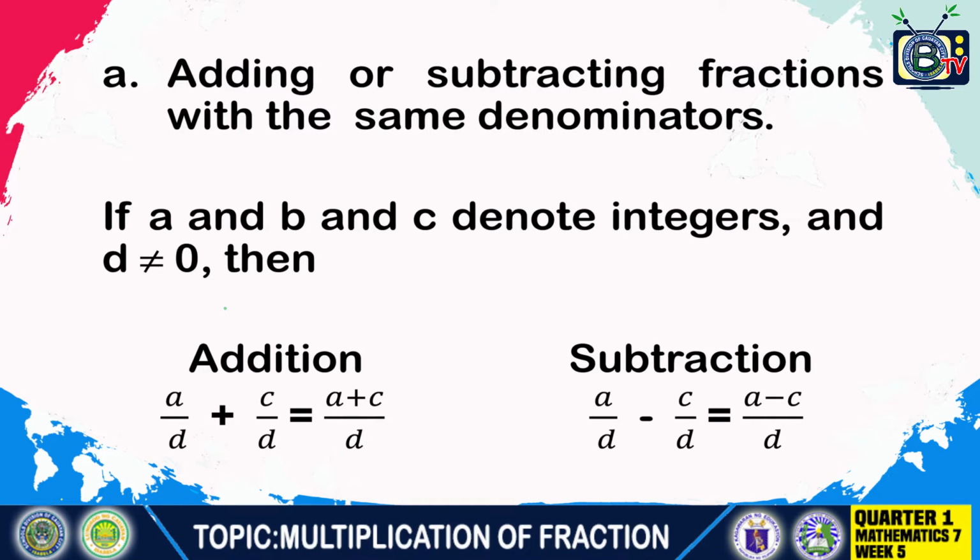First, in adding or subtracting fractions with the same denominators, if A, B, and C denote integers and D is not equal to 0, then for addition, A over D plus C over D is equal to A plus C over D. And for subtraction, A over D minus C over D is equal to A minus C over D.